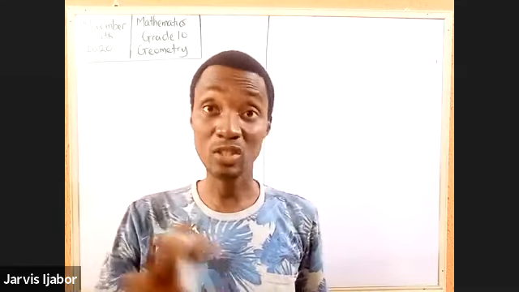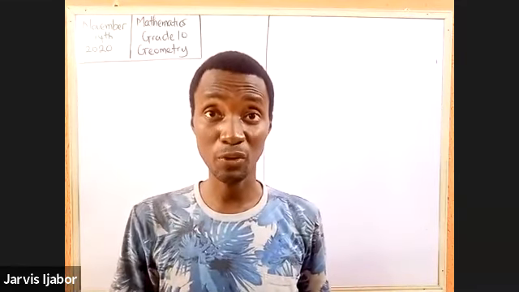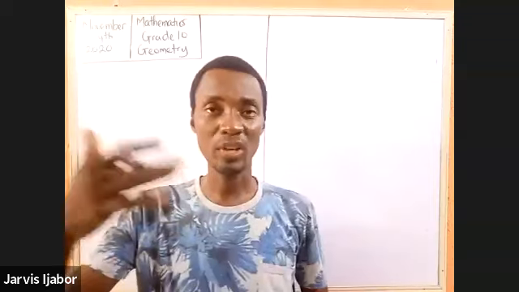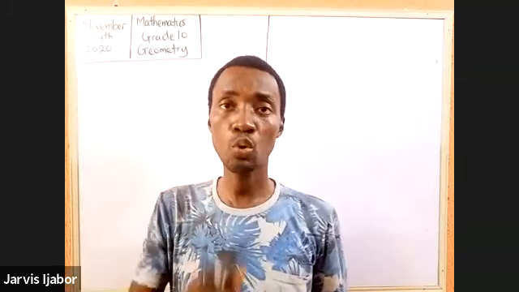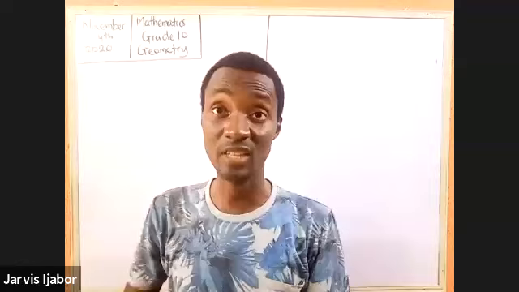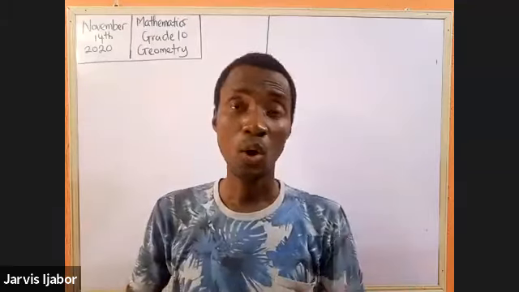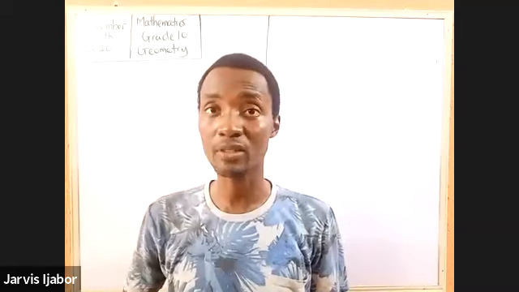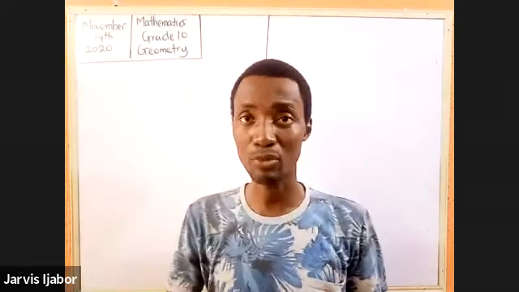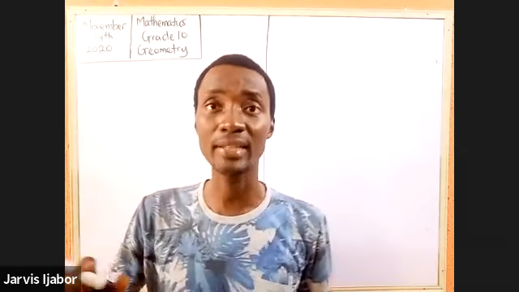Now, we had started solving before now, and I actually sent some questions to us prior to now. So we'll pick it up from where we stopped, using our Essential Mathematics textbook, which is one textbook you can buy on your own and keep, because this is usually my official text for my online classes. I'm using Essential Mathematics for my online classes.